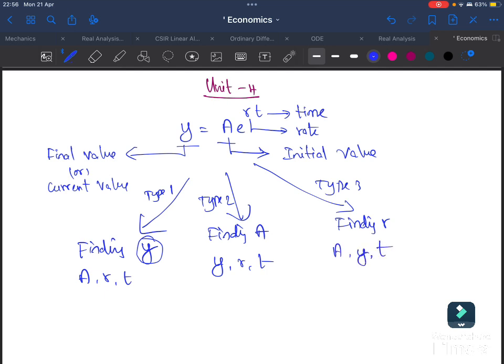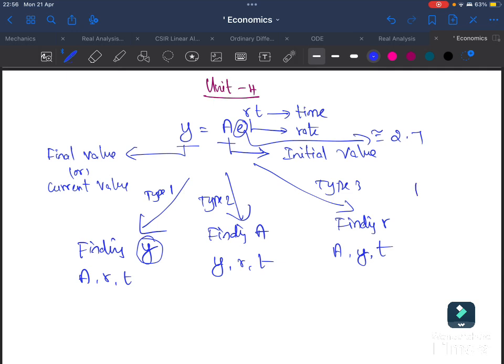Now regarding this e, it is a constant. e is an exponential constant, e power 1. The value of this is approximately 2.7. So you need not worry about e because e is a constant, 2.7.